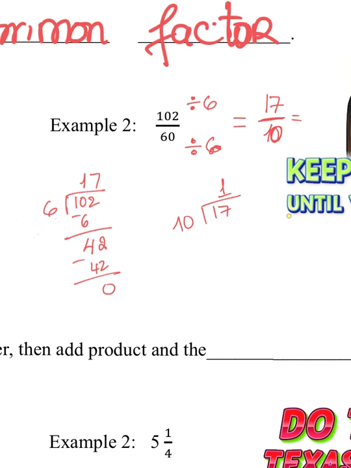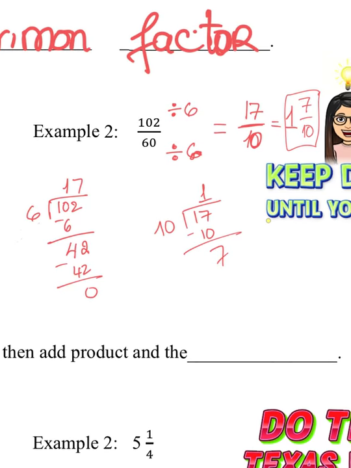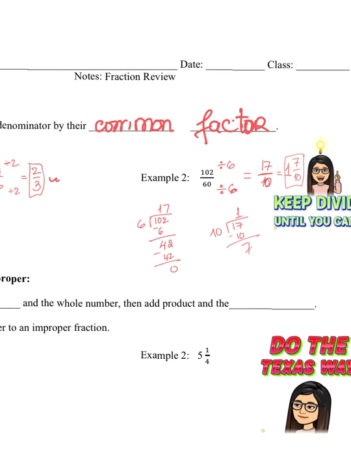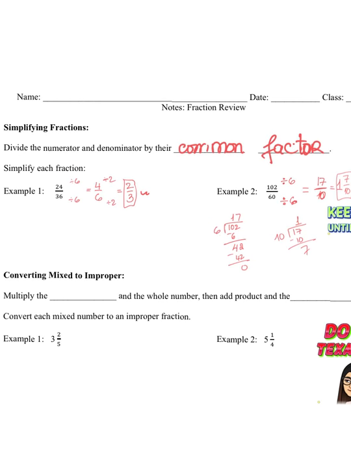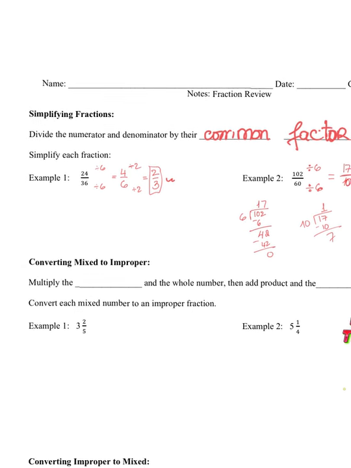So 1 times 10 is 10. 17 minus 10 is 7. So I have 1 whole and the fraction 7 over 10. Okay, so we basically keep dividing until you cannot. Okay, so we just learned how to reduce fractions.